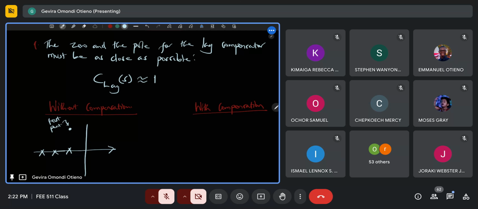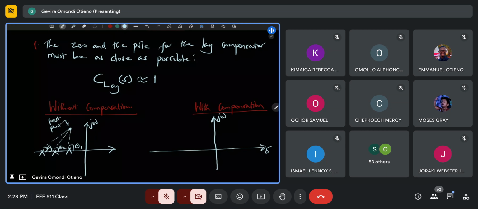Of course, remember, if we draw the angles, we are going to have theta 1, theta 2, and theta 3. So this system is not compensated. But if we add our compensation, it means we are adding our zero and our pole that is responsible for the compensation.